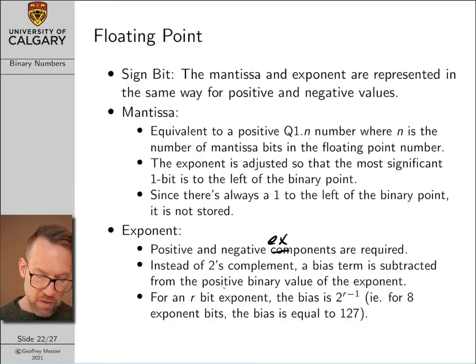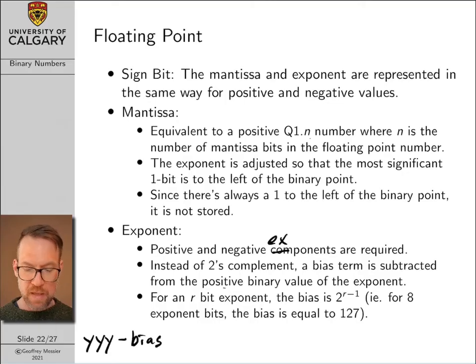So we have a positive number stored in our 3 exponent bits, and then we subtract a bias term. And for an r-bit exponent, in this case, if r was equal to 3, the bias term is equal to 2 to the r minus 1, minus 1. So for example, if we have 8 exponent bits, the bias is equal to 2 to the 7, minus 1, or 127.